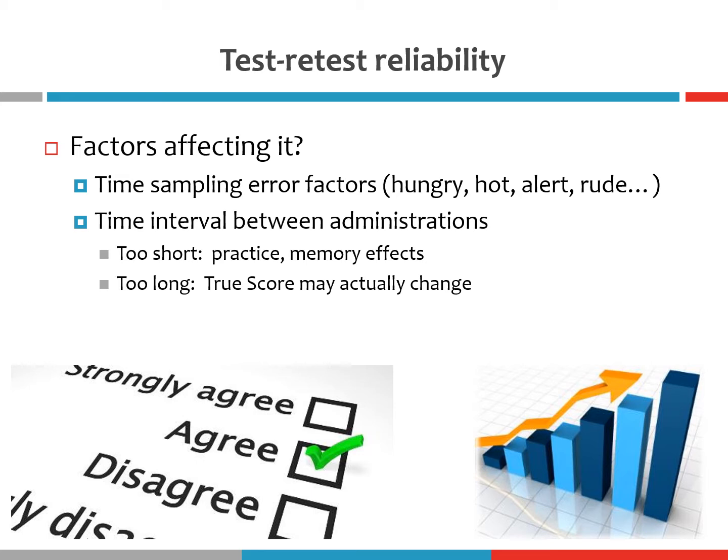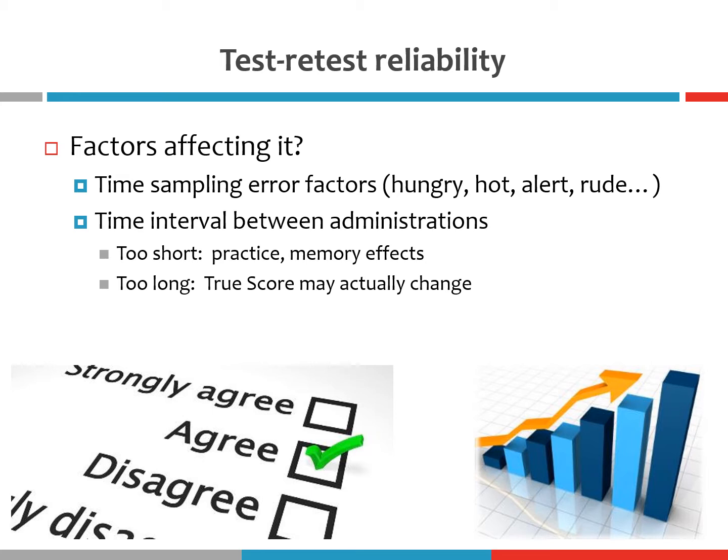Whereas if the interval between time 1 and time 2 is too long, their true score might actually change, right? So they might have gains in terms of whatever construct you're trying to measure, right? So for example, if I was giving students a general psychology aptitude test, which they are definitely out there, right?